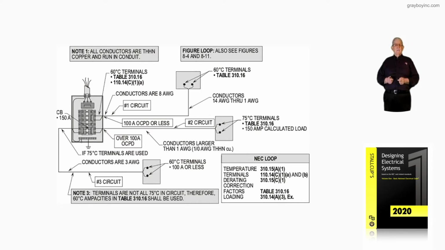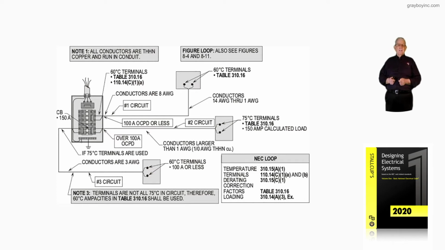Now, in the equipment itself for circuit 1, we're saying it's the 60 degrees C column in accordance with the outlined requirements in 110.14(C)(1)(a) along with Table 310.16.